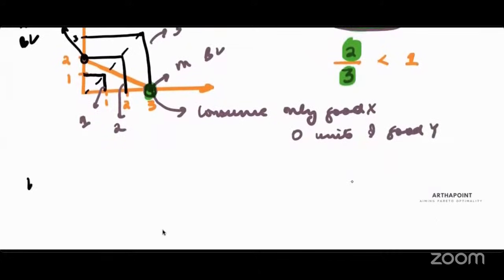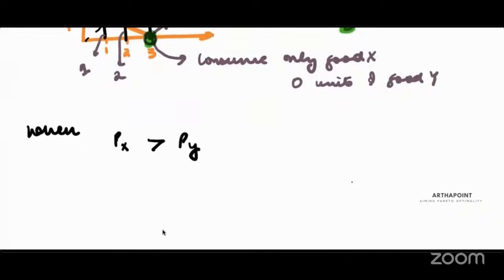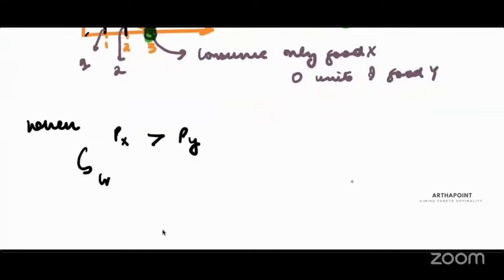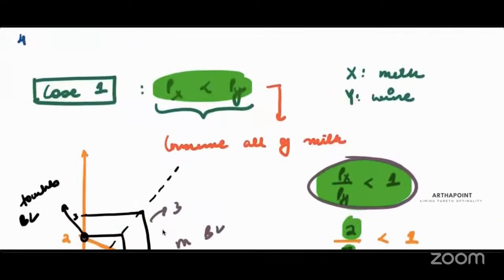When Px is greater than Py, then good Y is cheaper. So you consume only good Y. But while I am doing this, don't we realize that the max goods are acting very similar to the substitute goods?